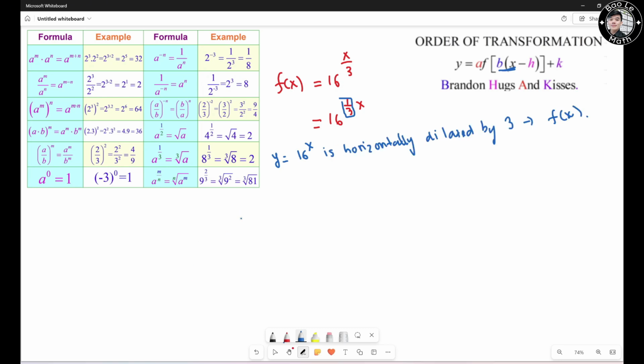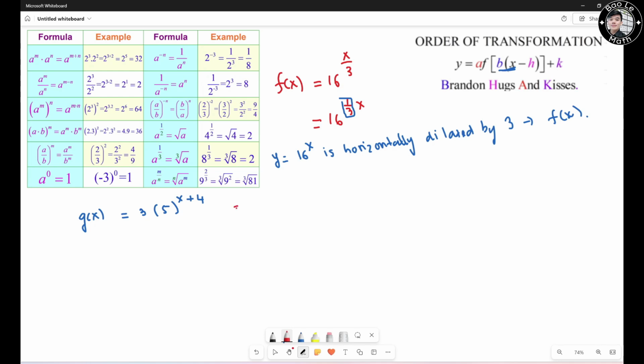Now let's take a look at the next example. For example, if I have the function g of x equals 3 times 5 raised to the x plus 4. Right? So how do I get the function g of x? So I need to split this one.